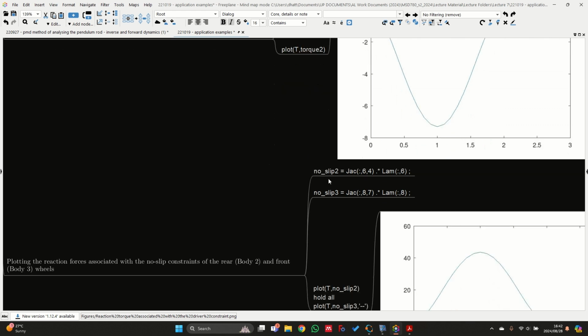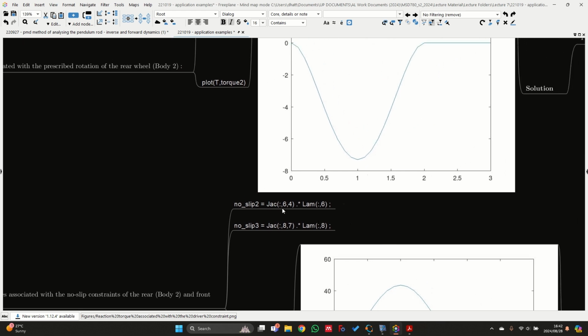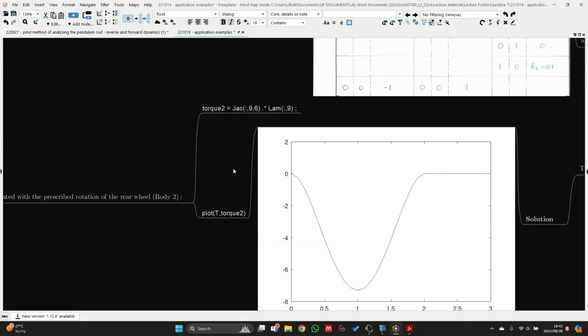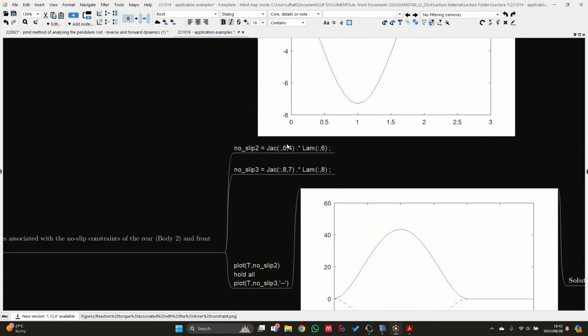And if I just go down, I can see that that is indeed the case, and I multiply that then with Lagrange multiplier 6. So I always make sure that if I multiply with row 9, I'm going to multiply with row 9 in my Lagrange multiplier as well. In this case, I have Jacobian row 6, which I multiply by Lagrange multiplier 6.